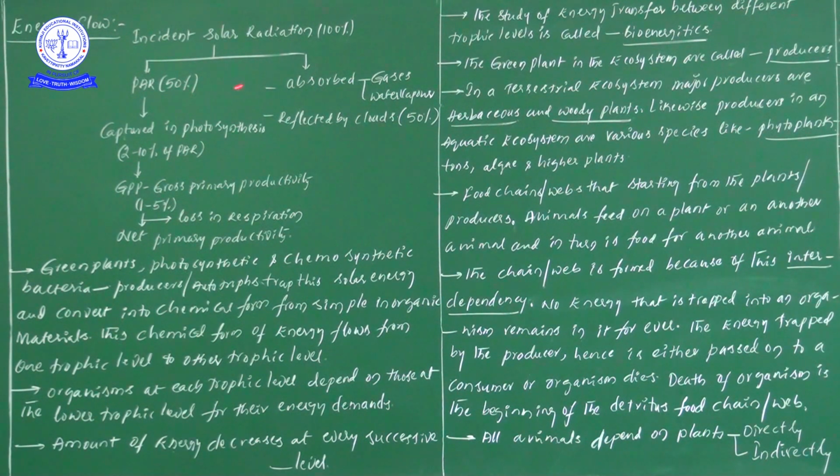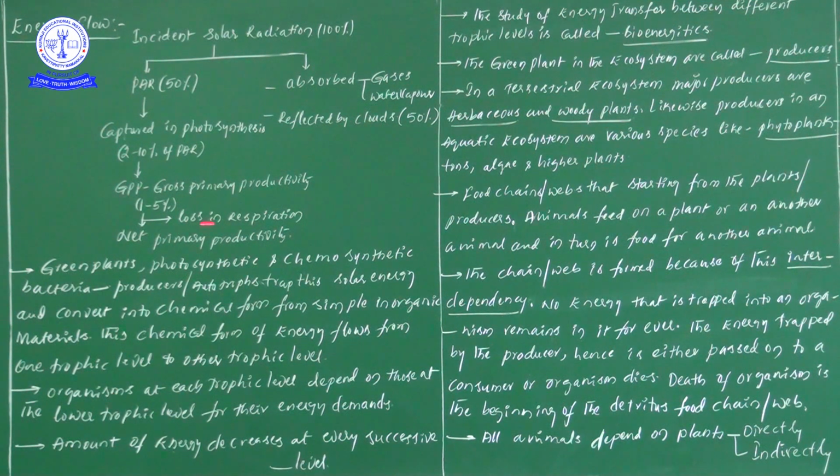It is absorbed by the gases and water vapors, and reflected by the clouds, together making 50% of the solar radiation. Of the 50% PAR, the amount captured by plants is just 2 to 10%, and from the food formation point of view just 1 to 5% of incident light is involved.